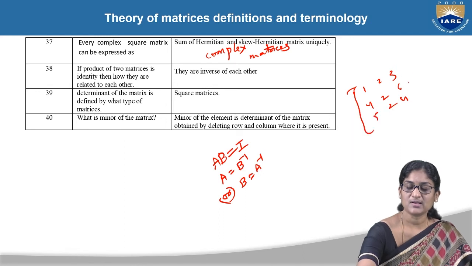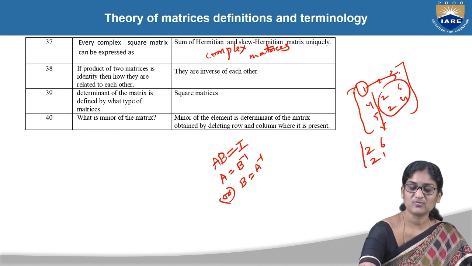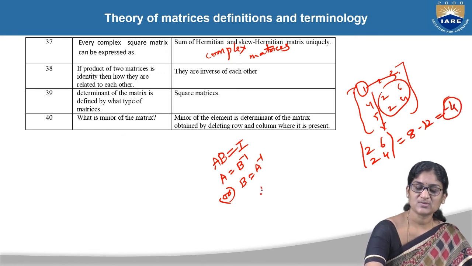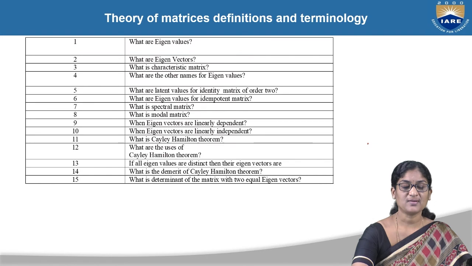What is the minor of 1? We delete its row and column. The determinant of the remaining matrix 2, 6, 2, 4 is 8 minus 12, which is equal to minus 4. So the minor of element 1 is minus 4. That is how we can define the minor of a matrix.